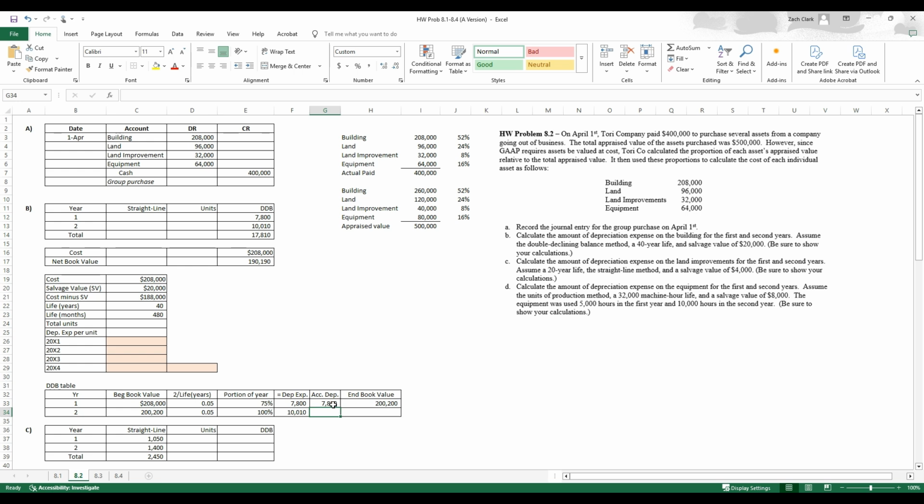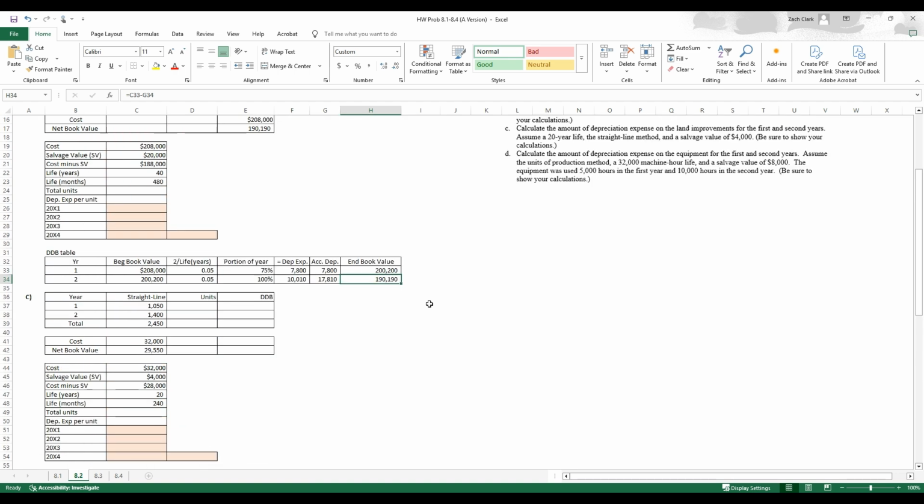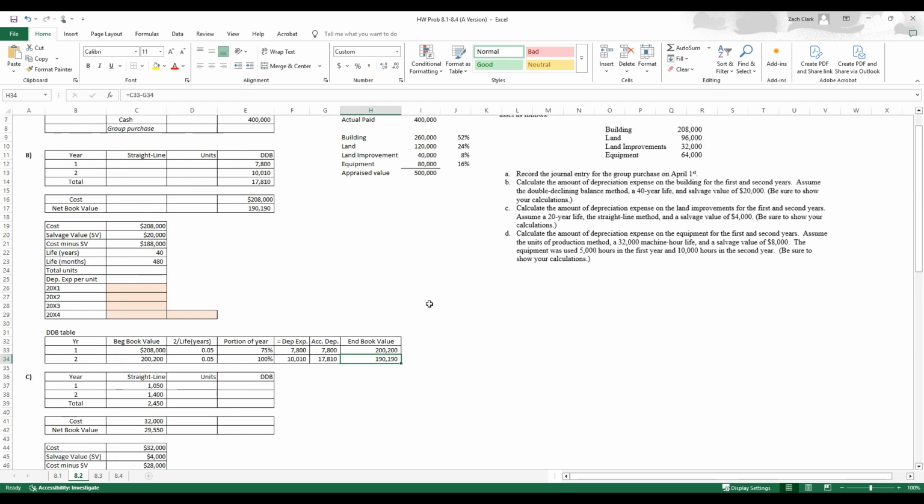And then our ending accumulated adds in depreciation expense. And finally, our ending book value is our cost minus our accumulated depreciation to date, or 190. Okay, so somewhere when I was copying and pasting and deleting, I accidentally deleted that out.